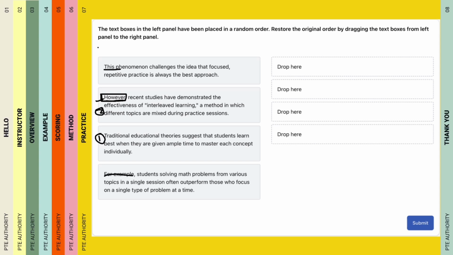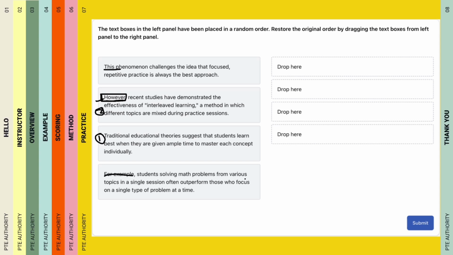Now let's see which sentence comes next. Let's read the first and the fourth sentence. This phenomenon challenges the idea that focused, repetitive practice is always the best approach. For example, students solving math problems from various topics in a single session often outperform those who focus on a single type of problem at a time.